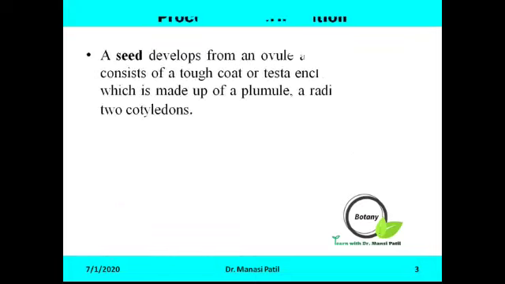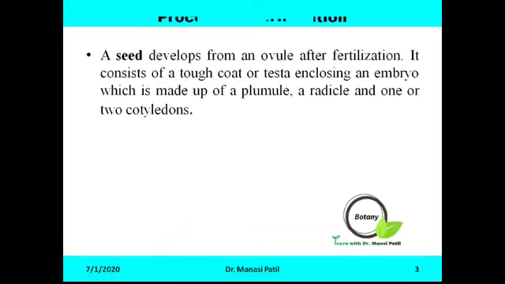A seed develops from an ovule after fertilization. It consists of a tough coat called the testa enclosing an embryo, which is made up of plumule, radicle and one or two cotyledons.